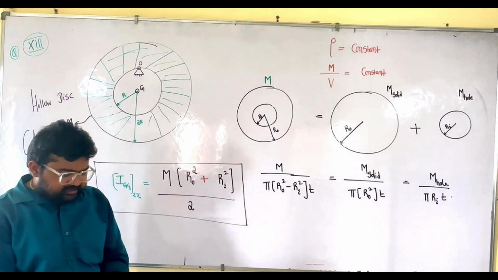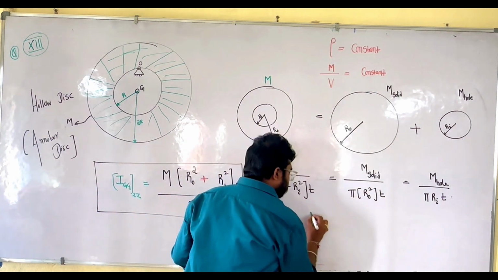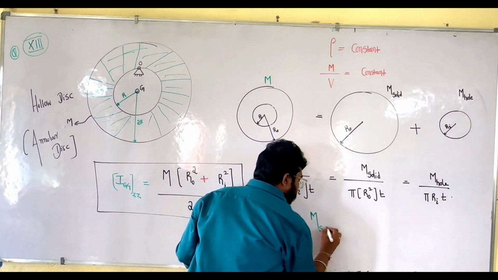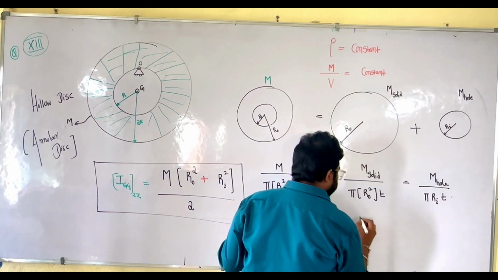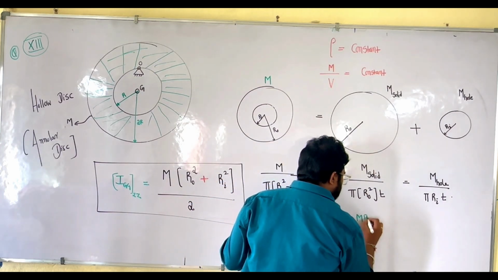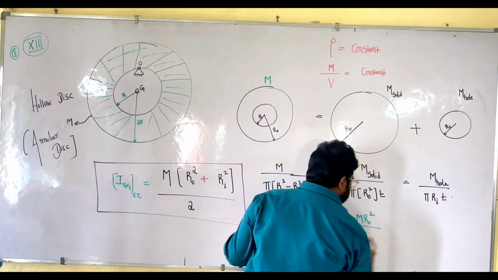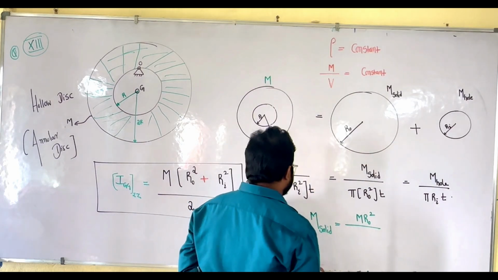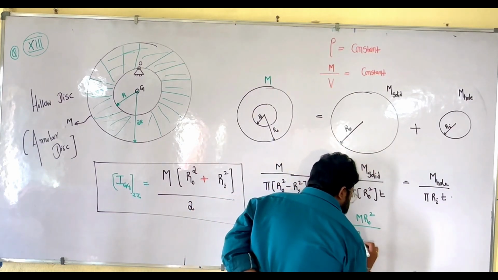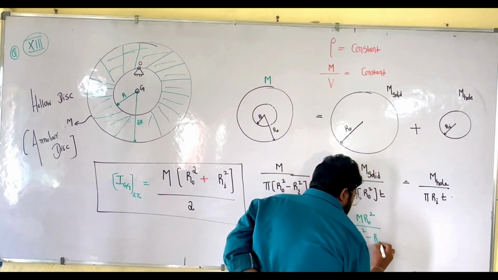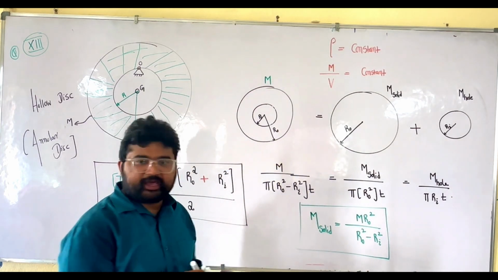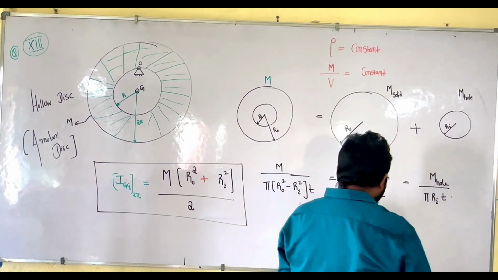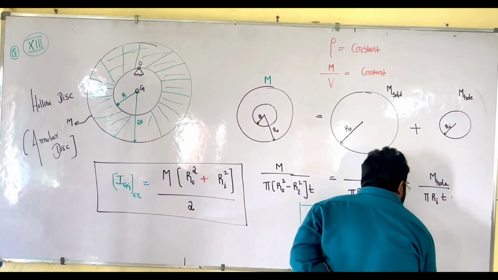From here, what is the mass of the solid portion? It is M into R0 square by (R0 square minus R inner square). What is the mass of the hole?